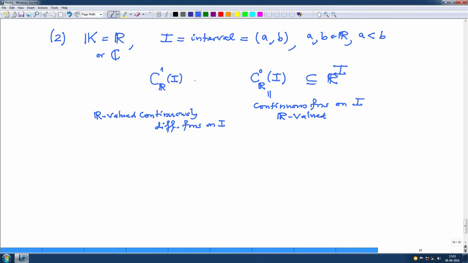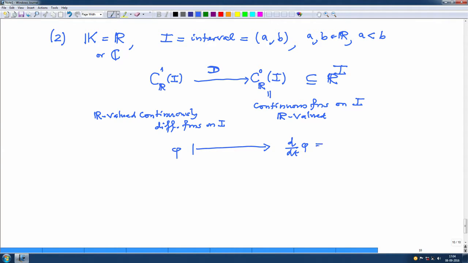So we have a natural map here, namely, let me write it capital D. Capital D is for differentiation. So what is the map D? Given any function phi, map it to d dt of phi.